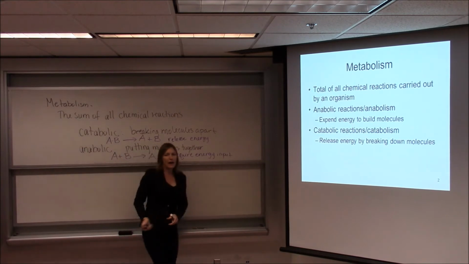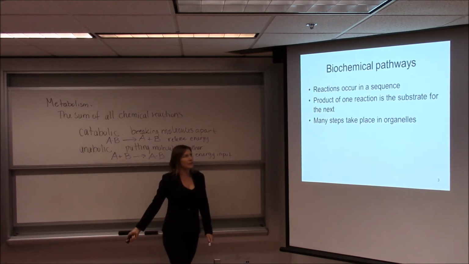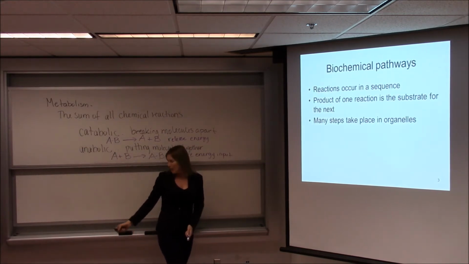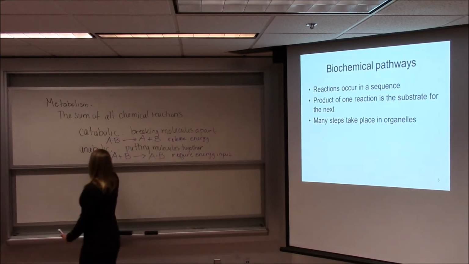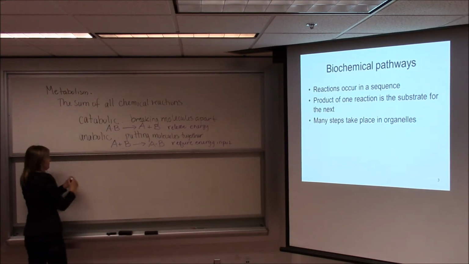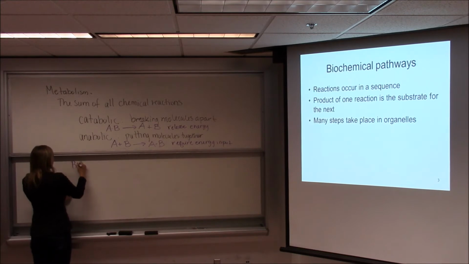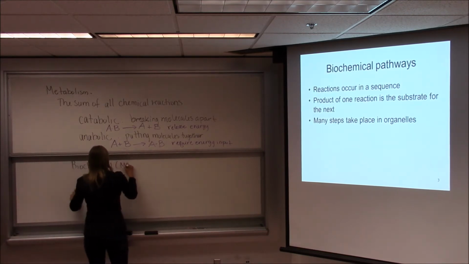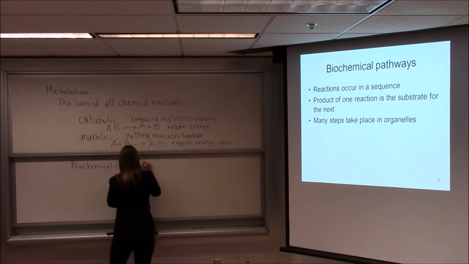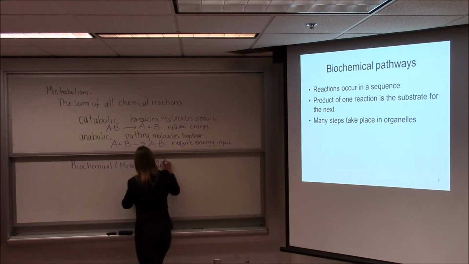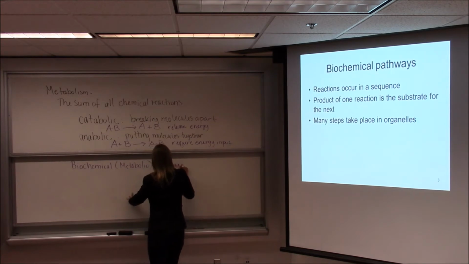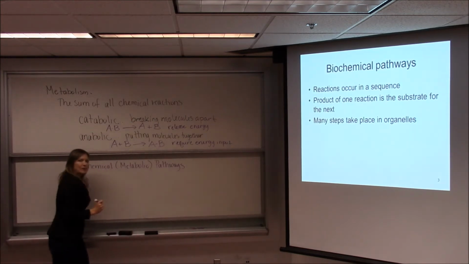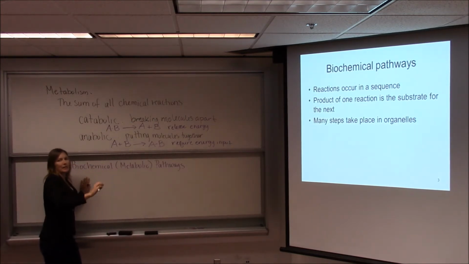We also have this other term that's important to understand, and that is biochemical pathways. Under this heading of metabolism, we have some really important biochemical pathways. They're also called metabolic pathways. These are chemical reactions that don't just take place in one step.